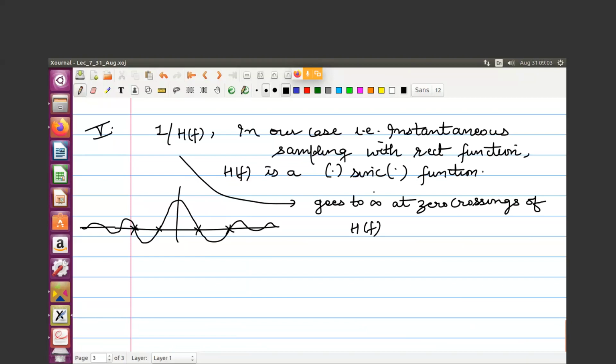You can say infinity or you can say it becomes undefined as well. 1 upon 0 is not defined. Infinity as a number doesn't exist. So then our statement is falling flat.